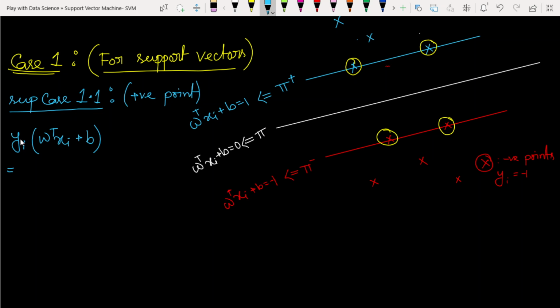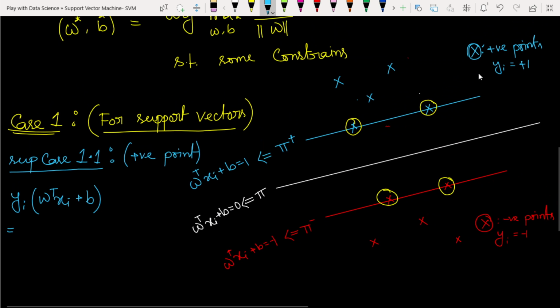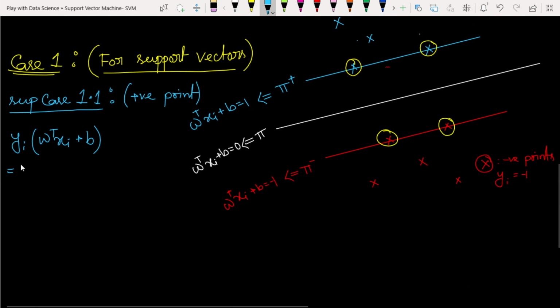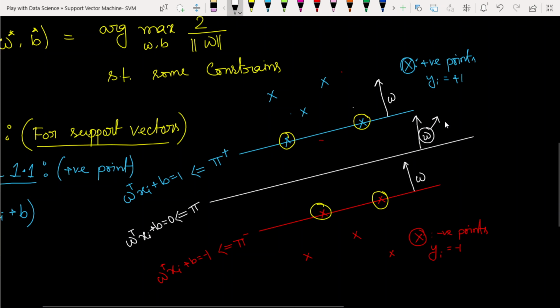So what will be the value of yi here? Here, yi for all positive points is equal to +1. So yi is equal to +1, and these support vectors lie on the plane. One thing here: what will be the direction of our w? This is the main thing. This is the direction of our w. Here w is not a unit vector.